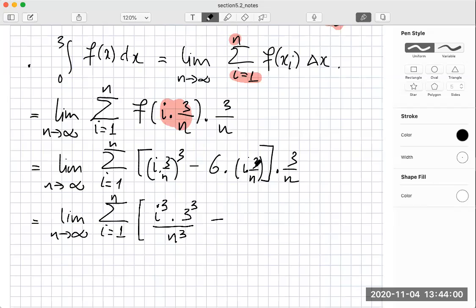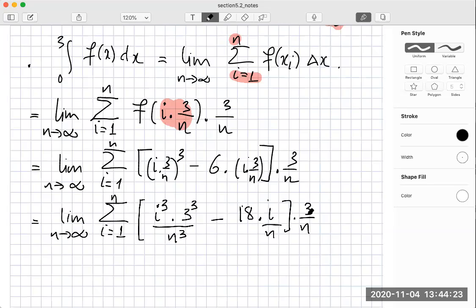And minus 6 times this guy is equal to 6 times 3, which is 18 times i over n. Is it okay? And the number 3 over n, we just rewrite it here.